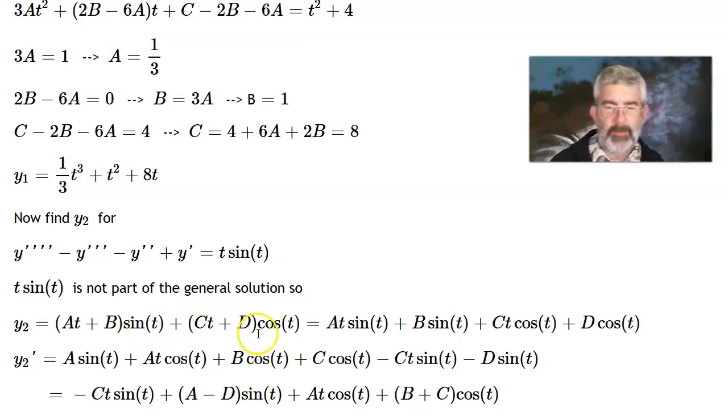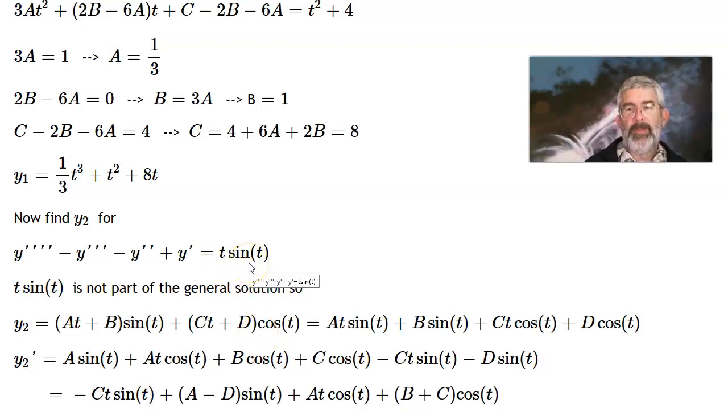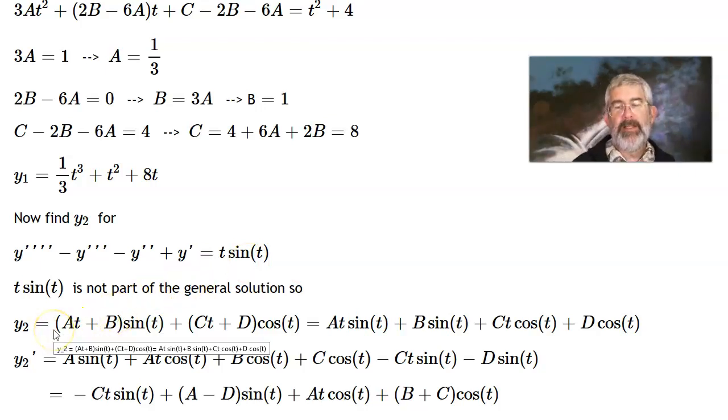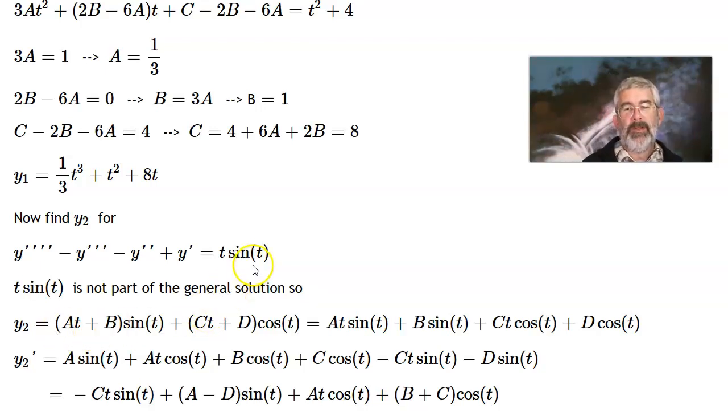So this is what I have to do instead. If t sine t happened to be part of the solution for the homogeneous equation, then you would have to multiply this by t, or t squared, or whatever, until you got something that was not part of the homogeneous solution.